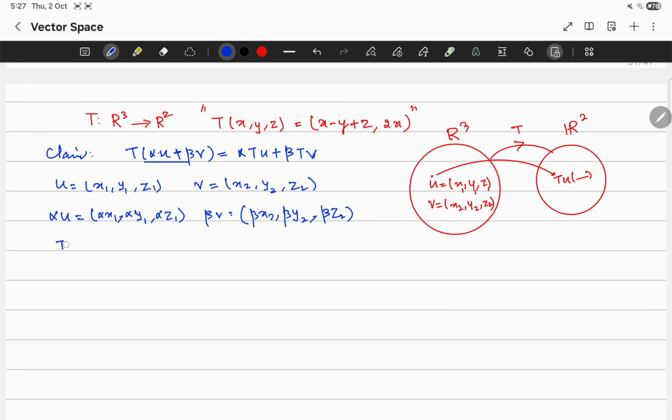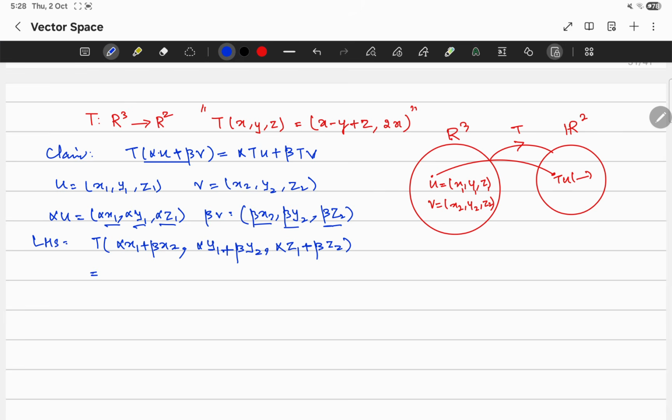So now check your LHS. The LHS will be T of (alpha x1 plus beta x2), you are adding the first coordinates. Similarly, the second coordinate, that is alpha y1 plus beta y2. Then the last coordinate, that is alpha z1 plus beta z2. So this is your T.